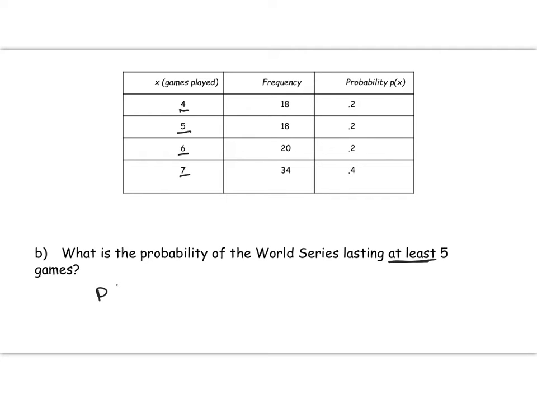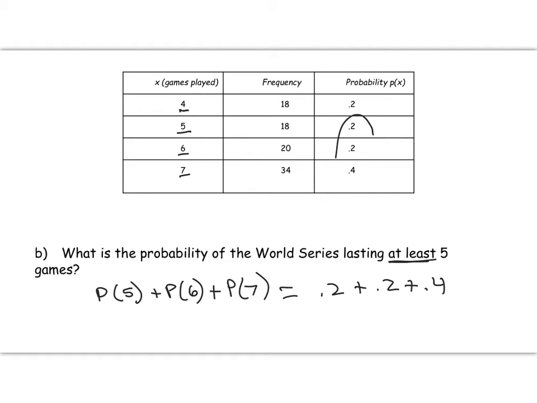So what I'm looking for here is the probability of 5 plus the probability of 6 plus the probability of 7. And that's going to be 0.2 plus 0.2 plus 0.4. I'm getting these values from the table. The probability of 5 is 0.2, the probability of 6 is 0.2, and the probability of 7 is 0.4, which gives me a total of 0.8.